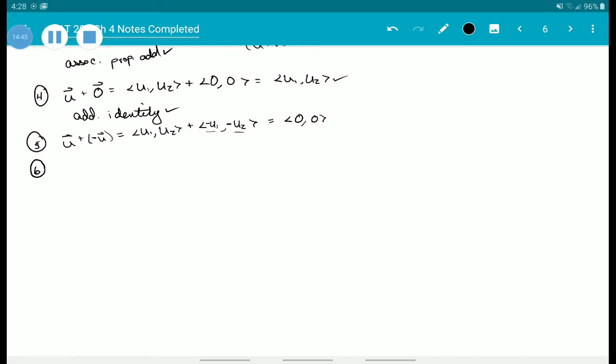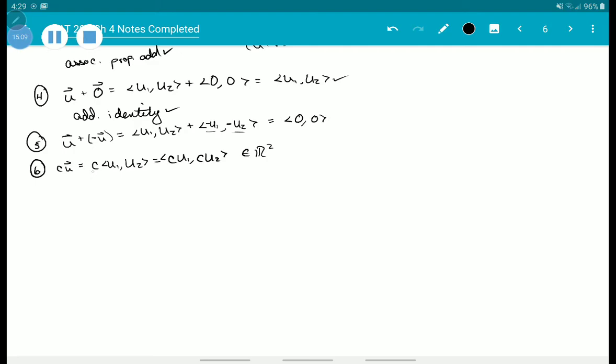Now let's talk about the scalar multiplication part. First one, we need to look at cU. Do we have closure is what we're asking. Closure under scalar multiplication means that if I multiply a scalar and a vector, then I get something that lives in R2. And that's definitely going to happen here.